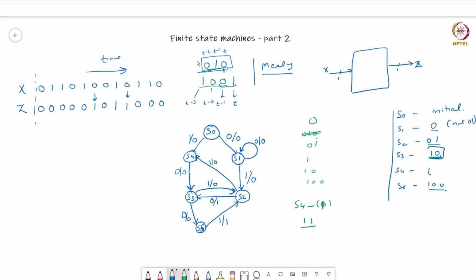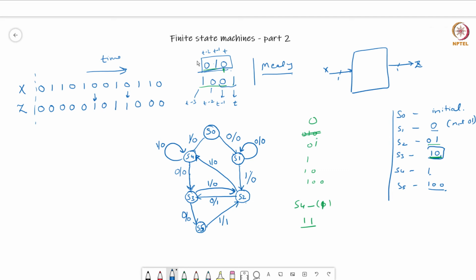Now 1 1 is still the starting of this particular pattern, so the state is going to be S4 again. If it is 1, then 0. Now S4 is done, S5 is done, S3 is done.